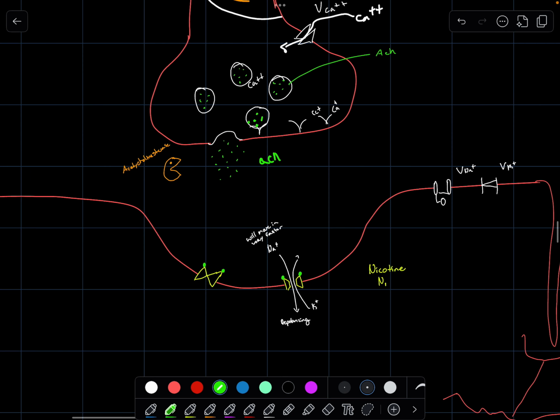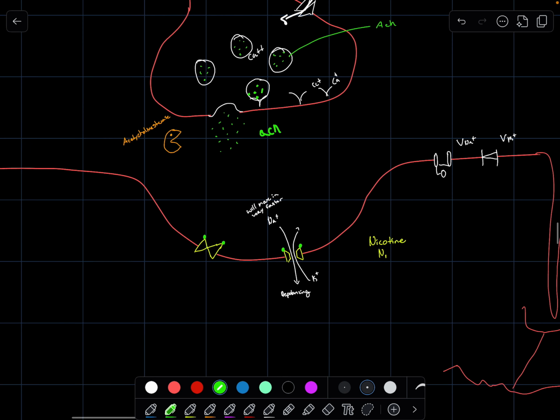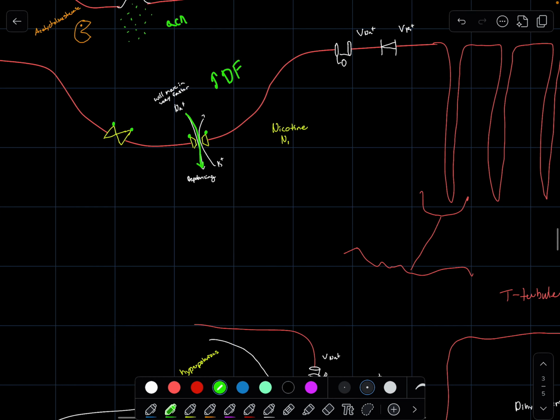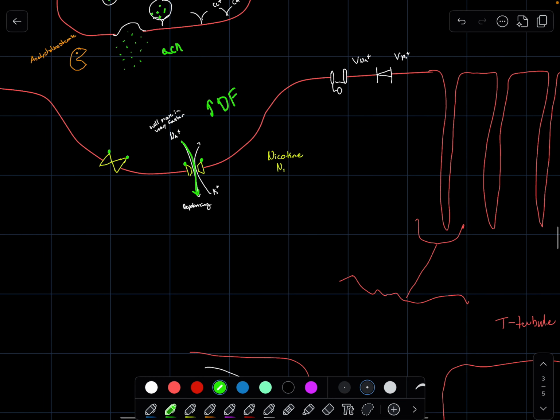Okay, once acetylcholine is released in the synaptic cleft, it will bind to ligand-gated channels, and this allows them to open, and sodium will move in super fast because it has a super high driving force. Sodium moves in and depolarizes the cell, okay?